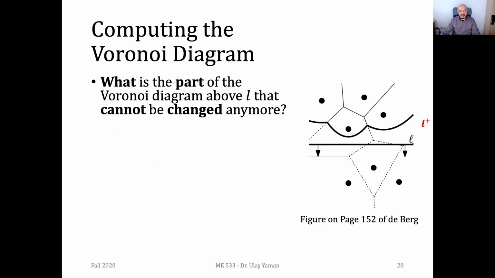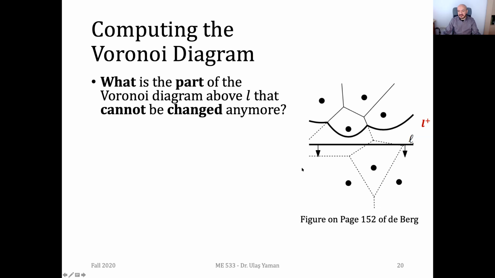So here comes the question. What is the part of the Voronoi diagram above this imaginary line L that cannot be changed anymore? If you look at here, for instance, this part cannot be changed. It's finalized, but this has not been finalized. It may be modified, which means that this edge actually depends on the sites underneath.